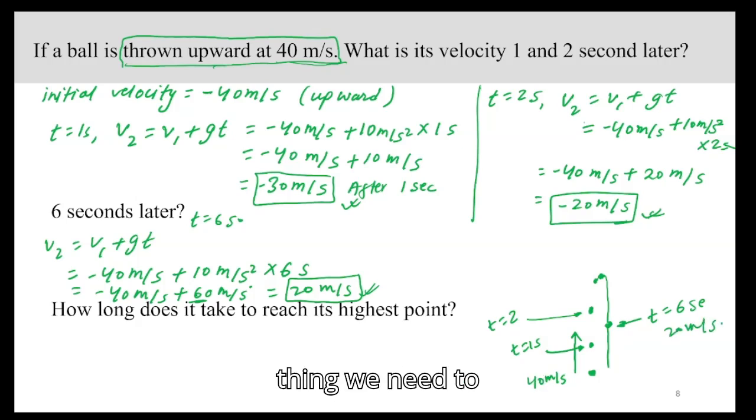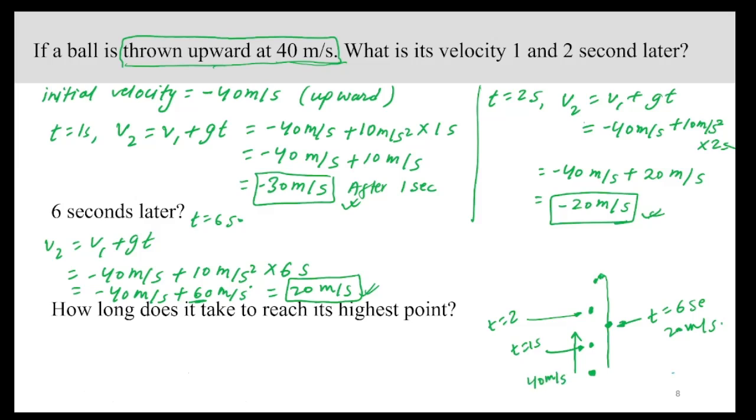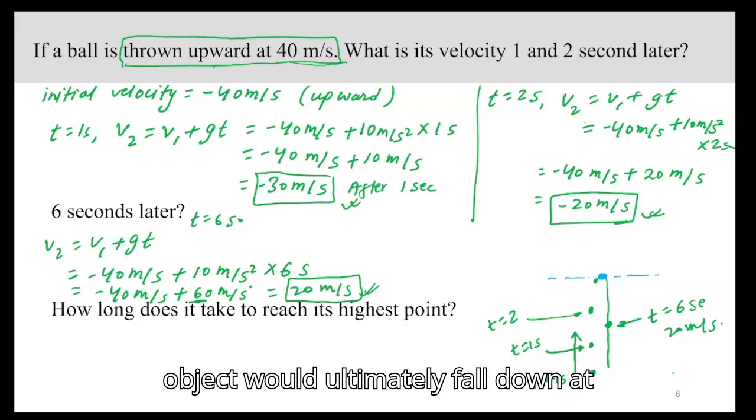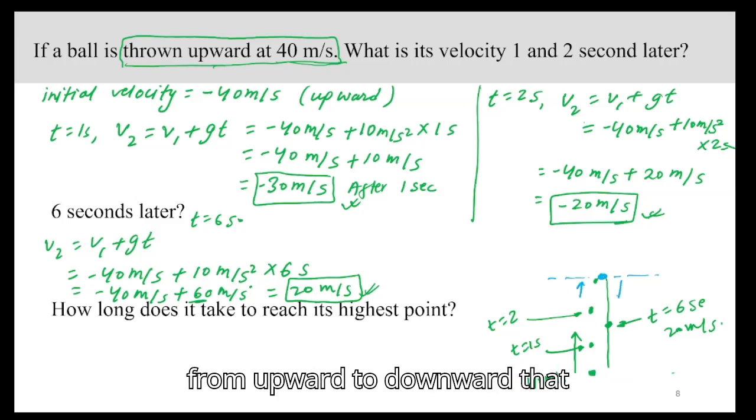And one thing we need to analyze here is that at the peak, when you throw something, we know that the object would ultimately fall down. At some point it has to change direction from upward to downward.